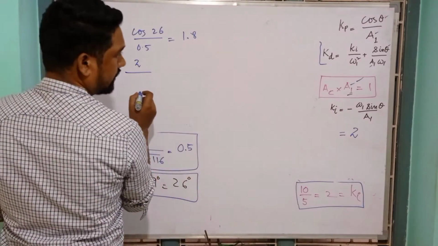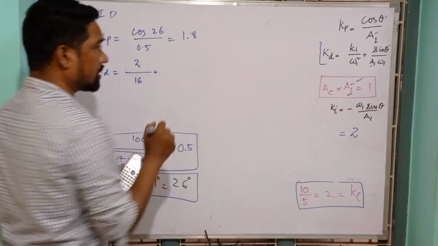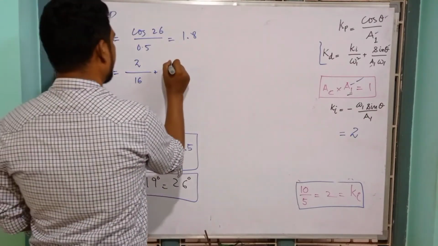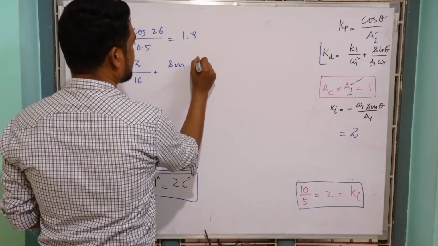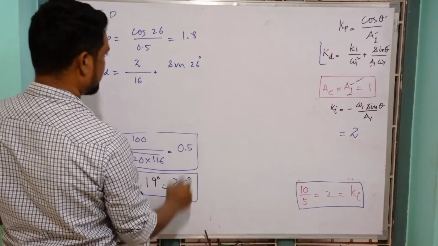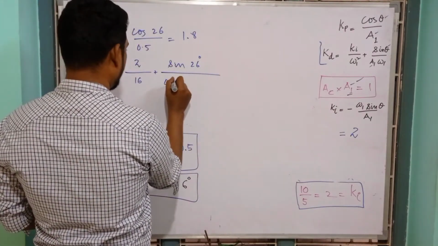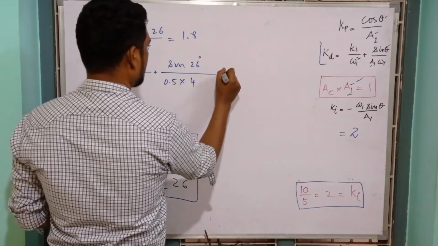Omega 1 square is 16, isn't it? Why? Because omega 1 is 4 from the given data. And sine theta, from here, 26 degrees, and A1 is 0.5 again, into 4. So how much is this?